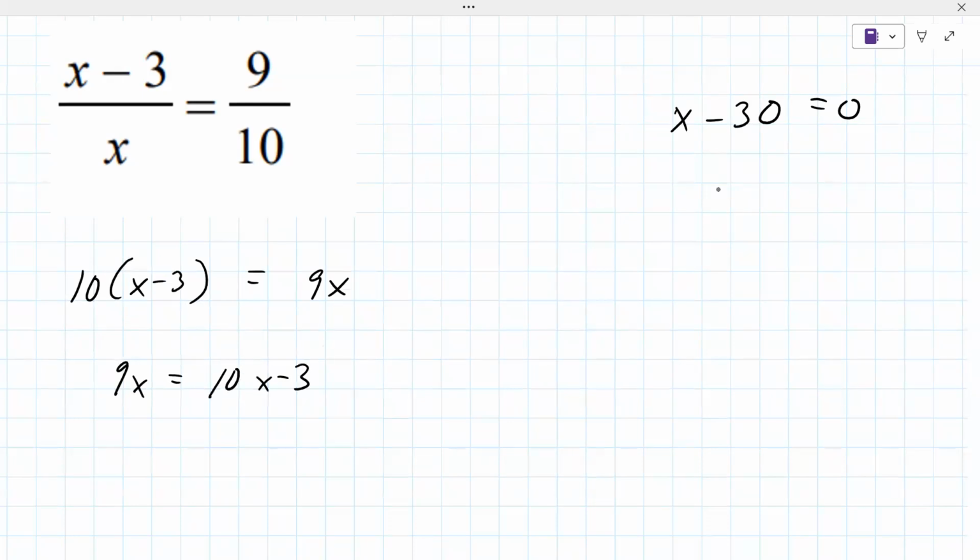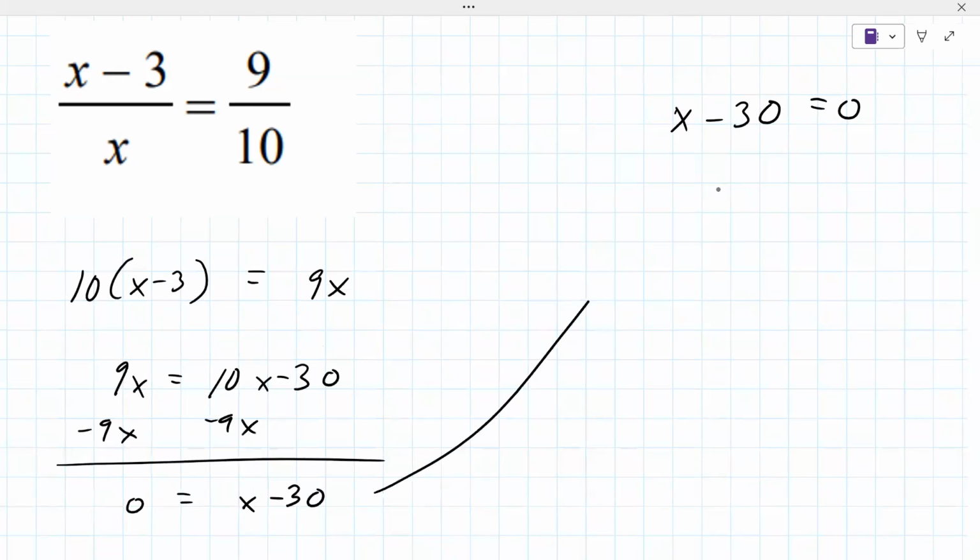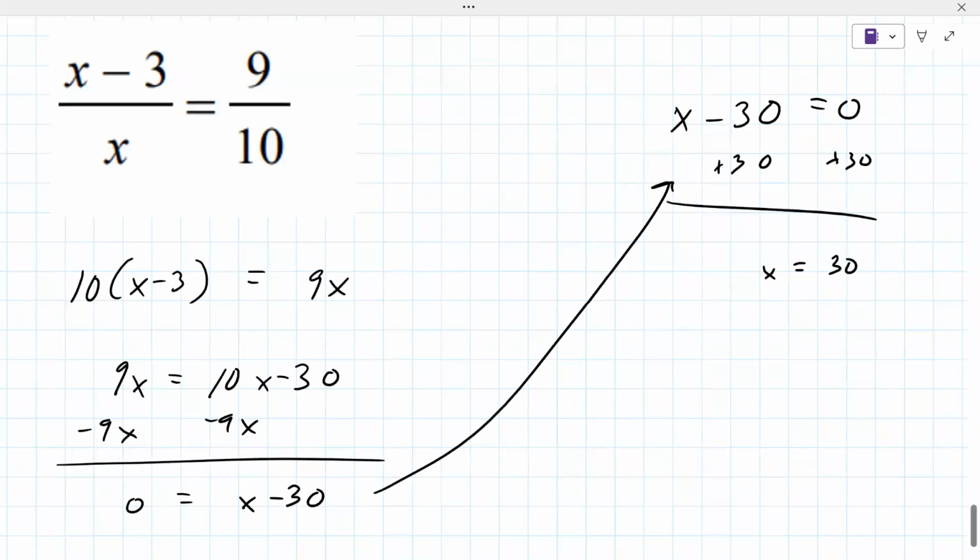That's fine. So when you subtract 9x, you get 0 equals x minus 30. Same thing as what I wrote here. That is not x. So how do you move that number over to the other side of the equation? Adding it. Okay, so you're going to add 30 to both sides. What is your final answer? x equals positive 30. Okay.